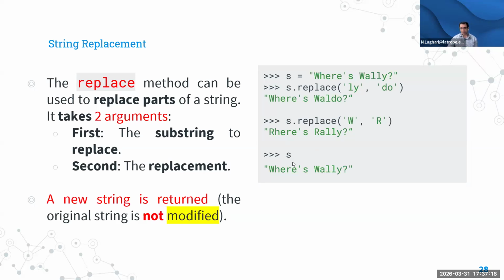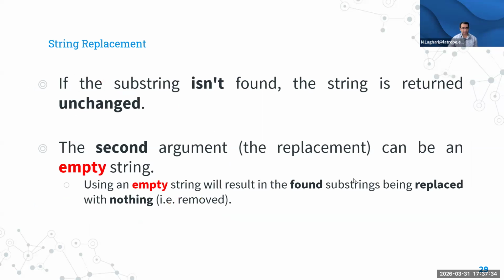When you print it again, the actual string would still be the same. It just returns you a fresh string after replacing, which you can store in a separate variable and use, or even simply print it. And if the substring isn't found, it will be unchanged because nothing has been found.